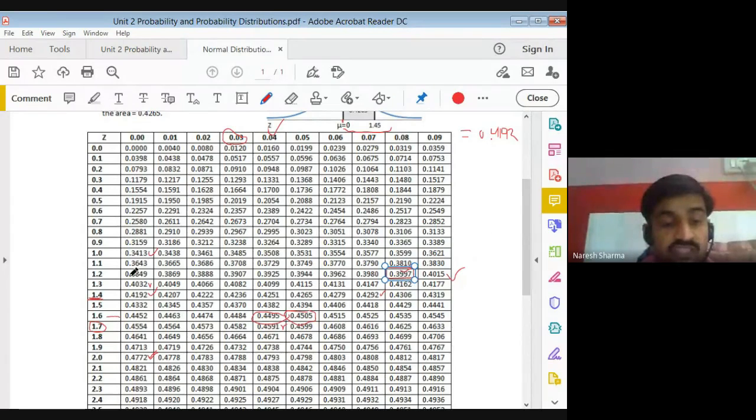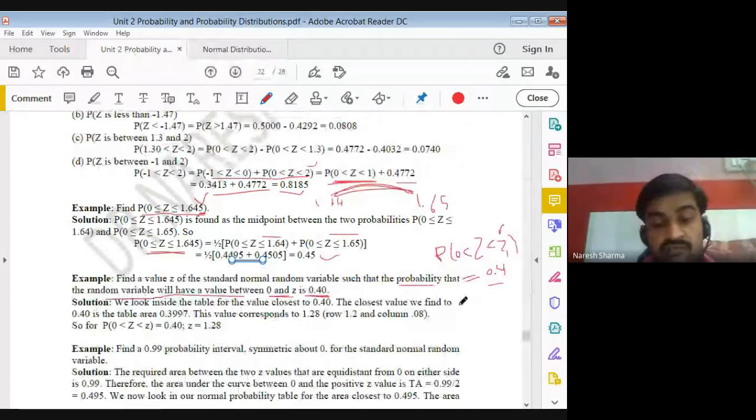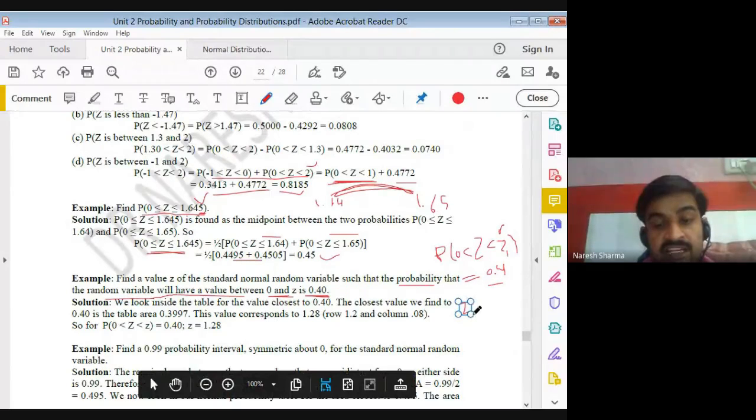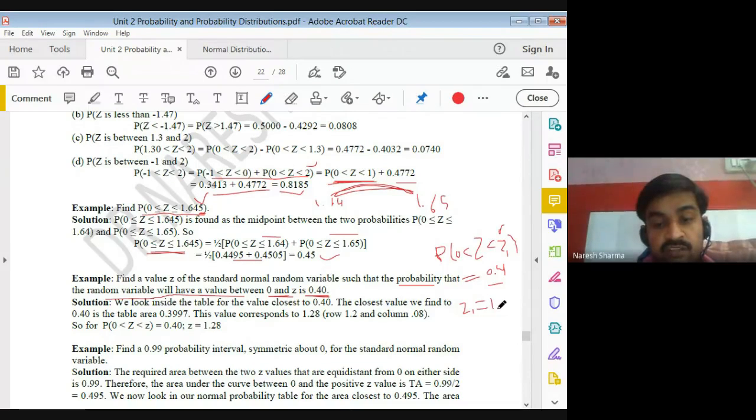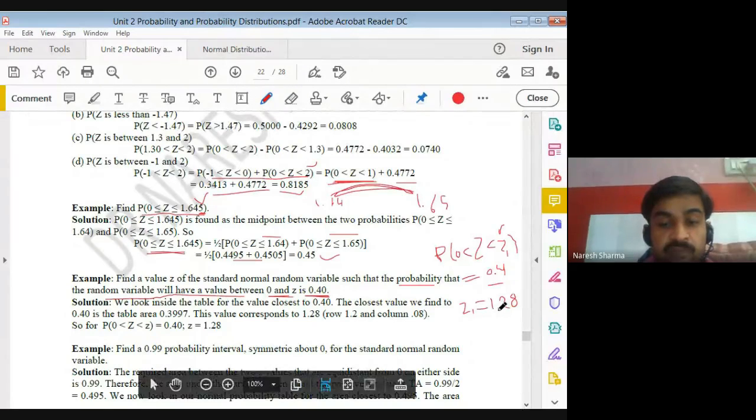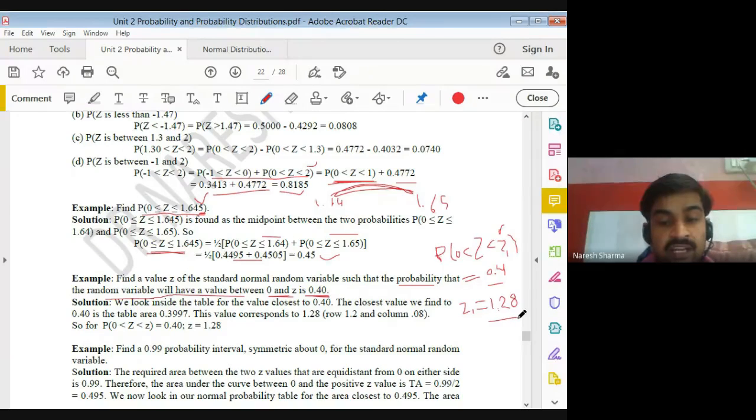And if you see here, this is at 1.2, and the second digit after the decimal is 8. So the result is 1.28. So this value lies at z equal to 1.28. So that means if the probability is given, we are also able to calculate at what point this probability lies. Right.